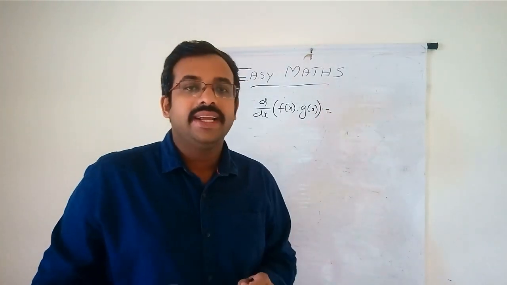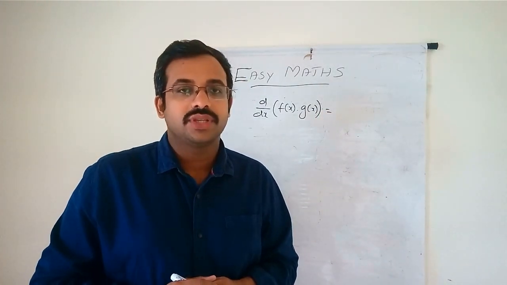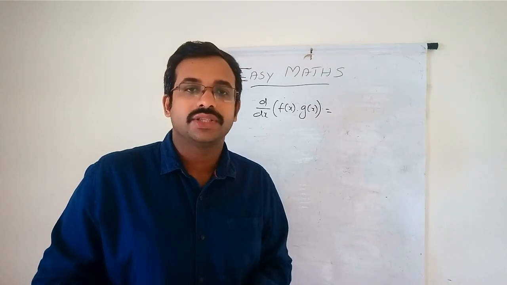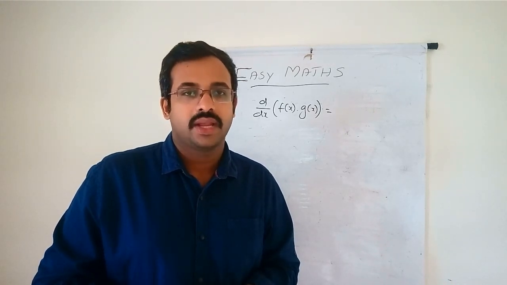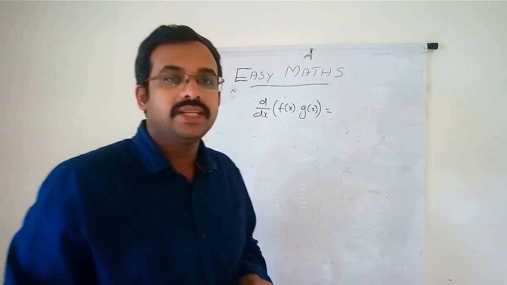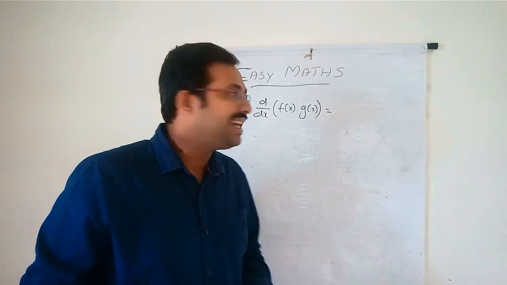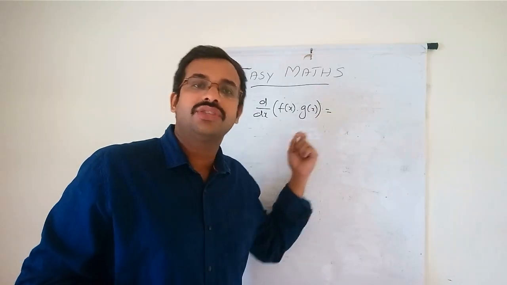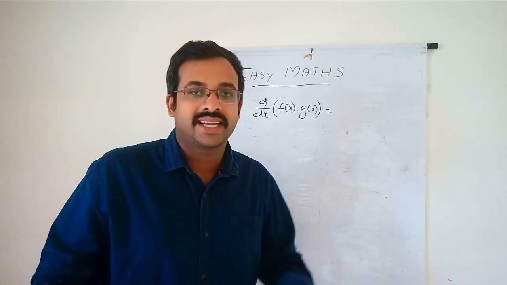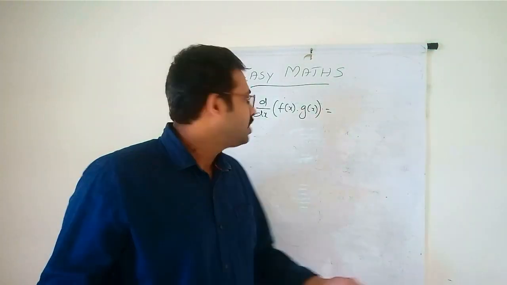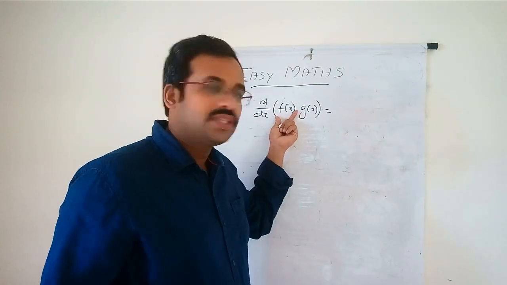When the derivative of a product of two functions comes, we apply the product rule in the case of differentiation. So how do we apply it? Here we have the freedom to select either f of x or g of x as the first and second function. Suppose we select f of x as the first function.